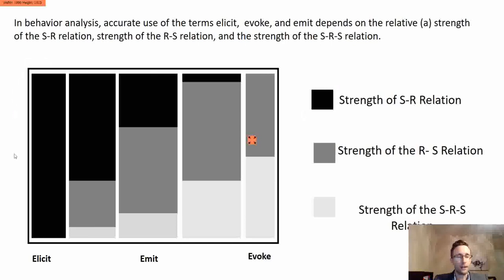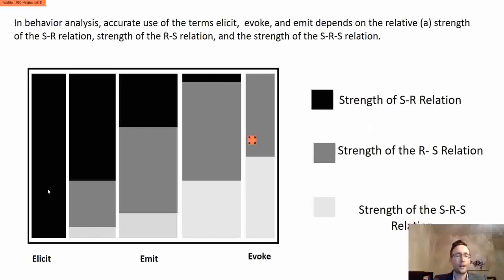So let's take a look at this diagram here, which I hope conveys some of these relations. So notice at the bottom of this figure we have elicit, emit, and evoke. As you go from left to right, let's say you are more likely to use the word emit and then more likely to use the word evoke than you are elicit.